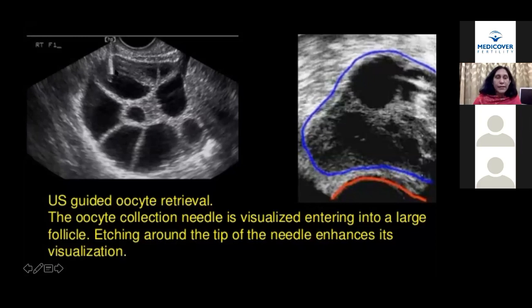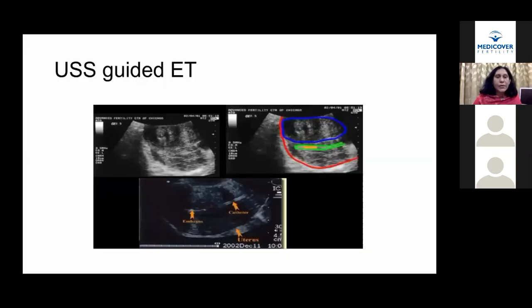where this is a needle which is going in. It also has an etching around the tip of the needle, so it enhances the visualization. This has already gone in here in the follicle, and once we switch the suction on, the fluid is sucked, and one by one all the follicles, the follicular aspiration is done, and this fluid is given to the embryologist so that it can be assessed under the microscope.